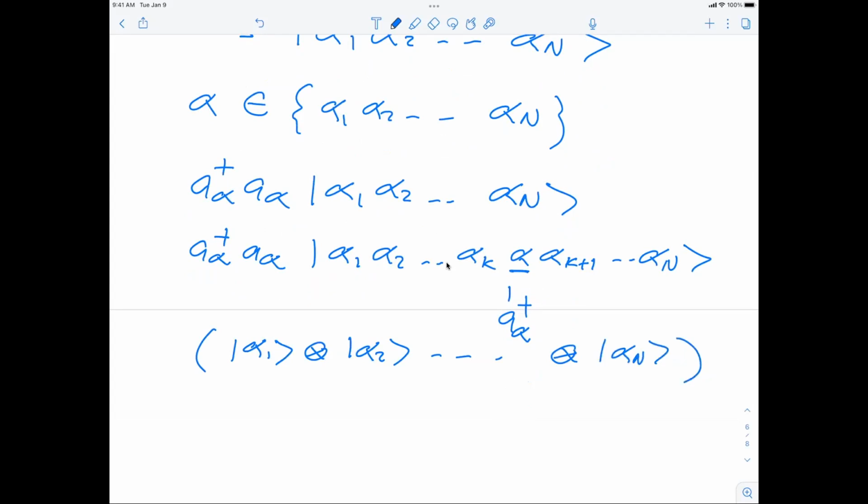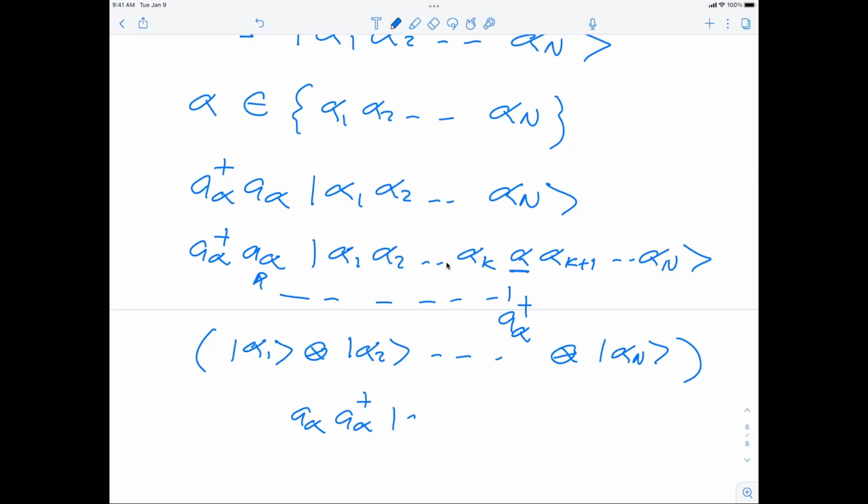So when I'm now acting with such an operator, A alpha, I want to have this in the right place in this ordering which I've chosen. I want to bring this operator over here so that it stays together with A alpha acting on its own one-body Hilbert space.